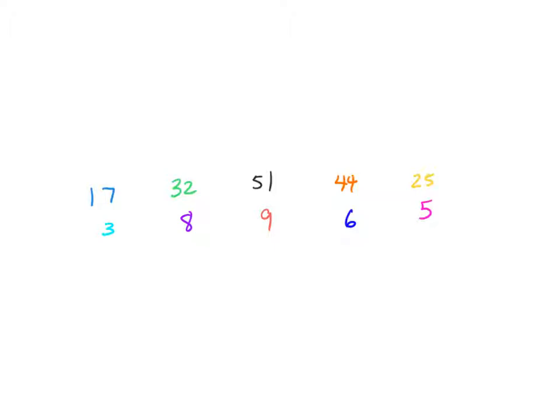Hopefully you notice that I grouped these numbers into numbers that will combine to equal some multiple of 10. So when I add these up, I'm getting a 10 every time.